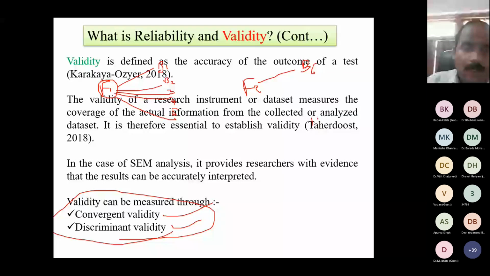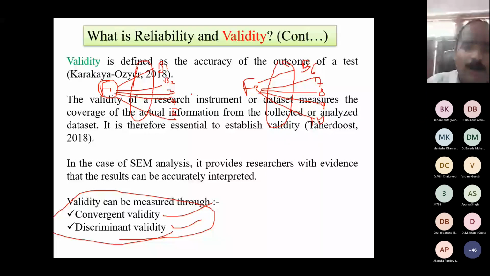What is the assumption of confirmatory factor analysis and SEM? I have already said, the assumption is that there is a strong covariance or correlation among these 5 variables, and another strong covariance or correlation among the other 5 variables.